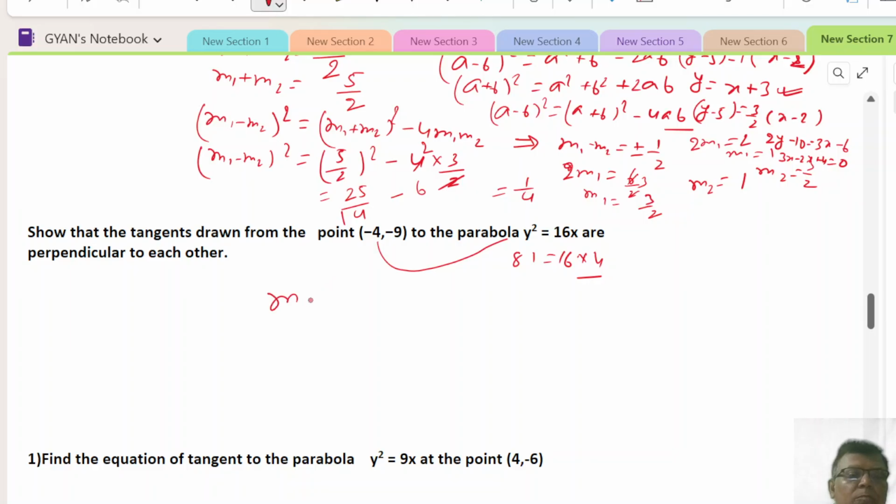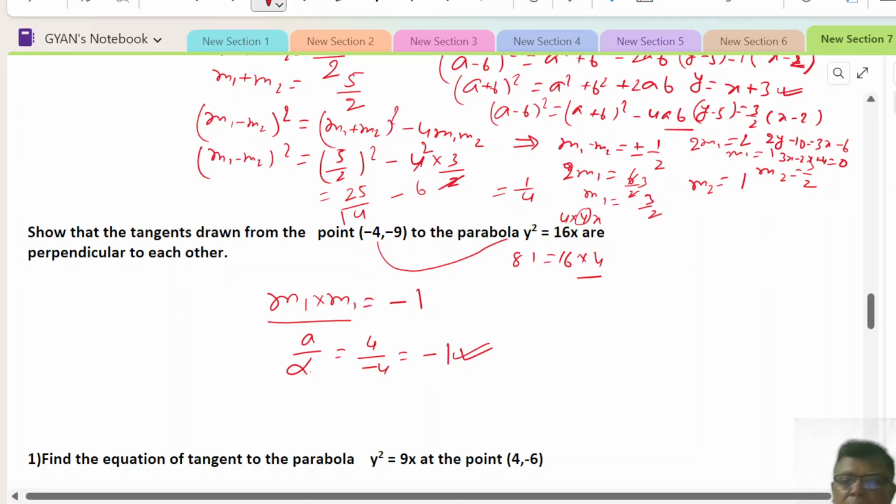Both the tangents drawn from the point are perpendicular to each other, then m1 into m2 should be minus 1, and m1 into m2 is equal to a by alpha. What is a? A is 4, because this is 4 into a into x. So a divided by alpha, minus 4, is equal to minus 1. So it is minus 1, therefore they are perpendicular to each other.